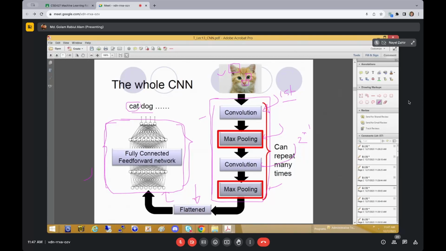In this case, the first convolution layer will try to extract the surface level features, and then the second convolution layer will try to find out the depth level features. So from surface to depth, different kinds of features it will extract.